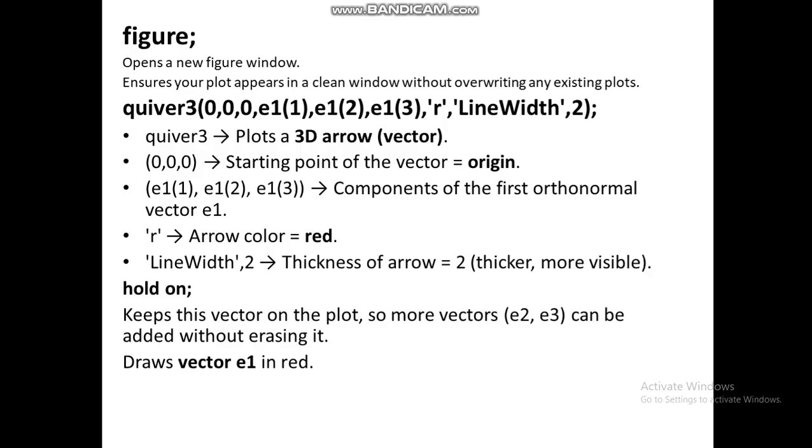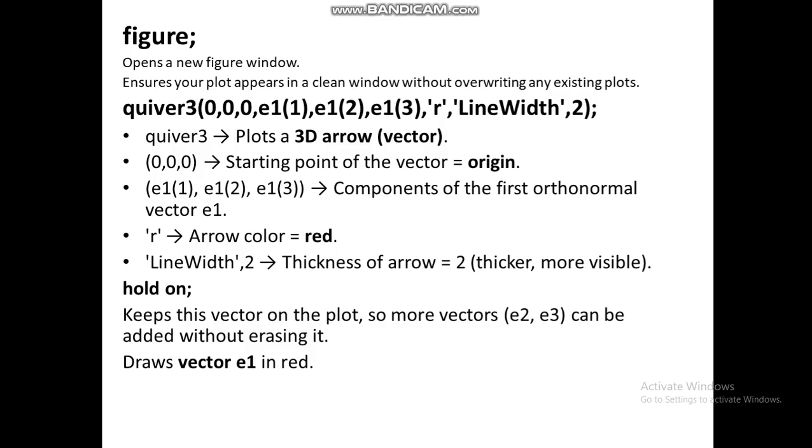Next, 0 0 0 indicates all three arrows start from the origin. Next, e1(1), e1(2), e1(3) are the components of the first orthonormal vector e1. If you remember, it is 1 by root 3, 1 by root 3 and 1 by root 3. Next, what is that R?